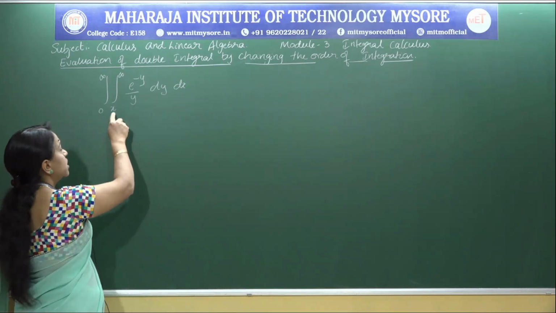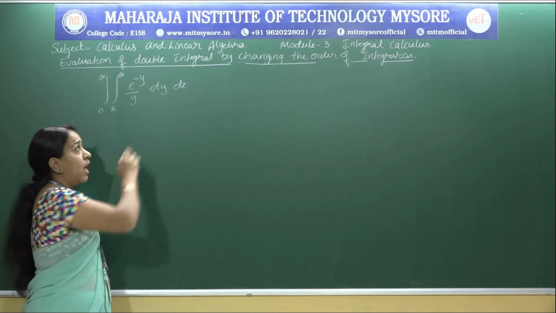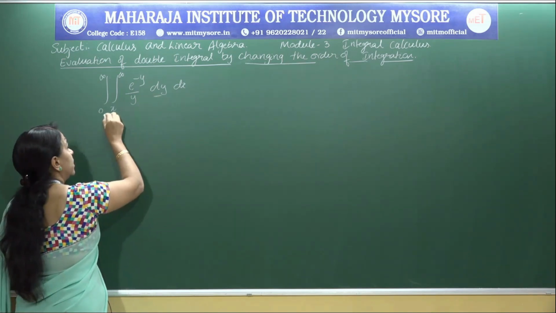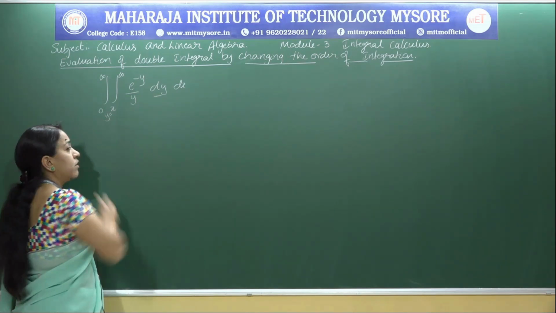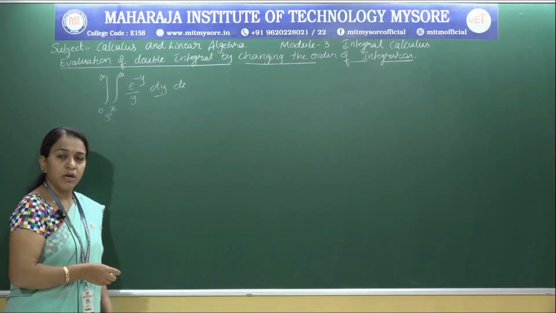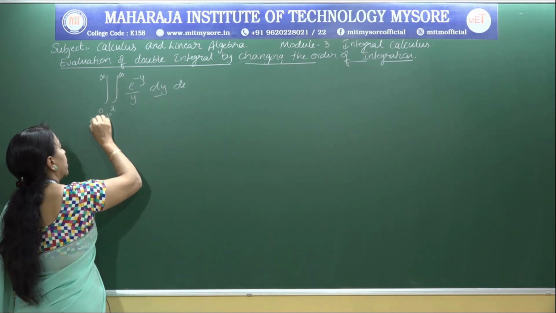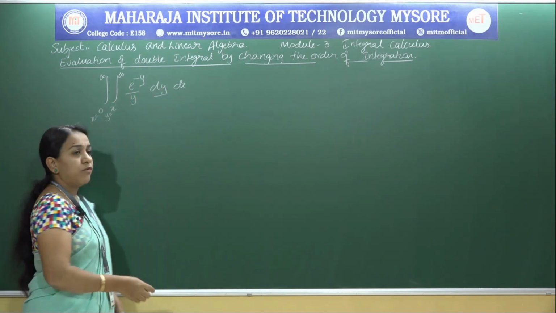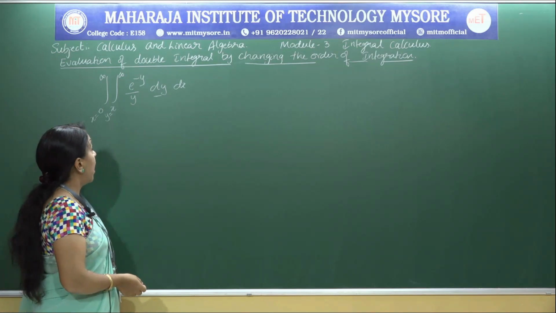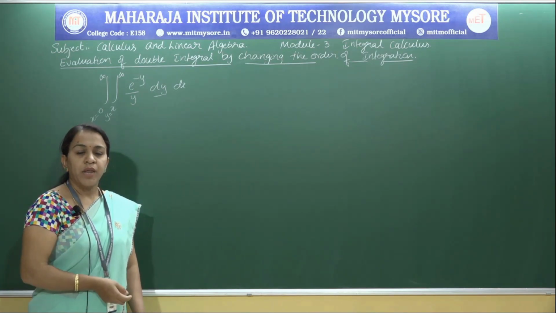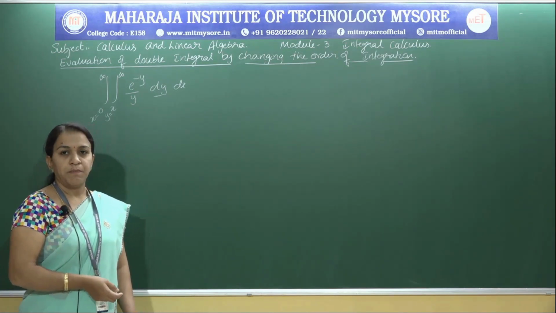Since we have an x variable in a limit place and dy here, this should be the limit of y, where y varies from x to infinity, and then we have dx, therefore x varies from 0 to infinity. So, we have y as a variable limit and x as a constant limit.